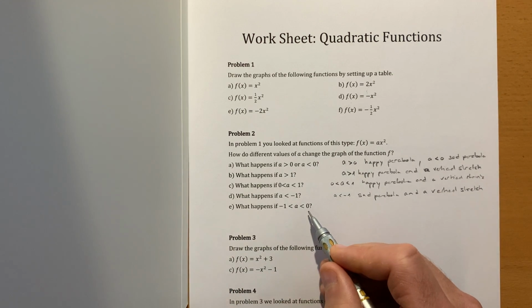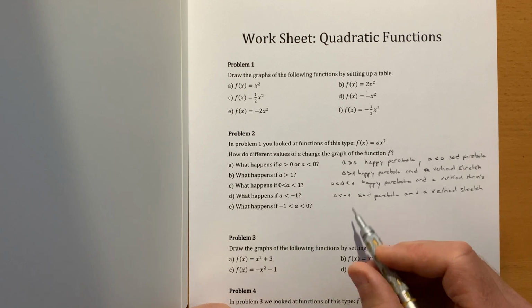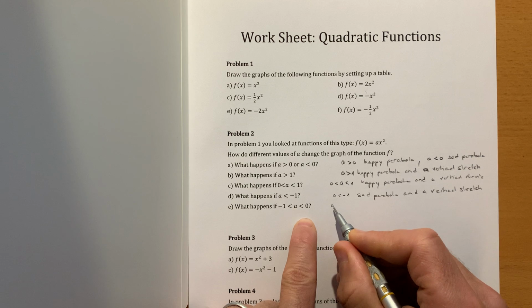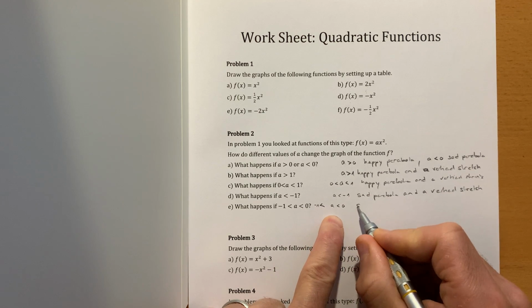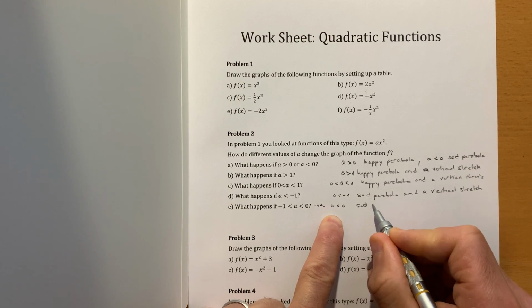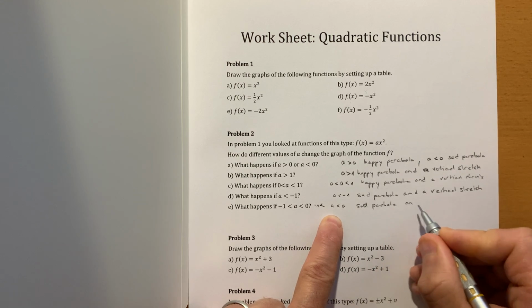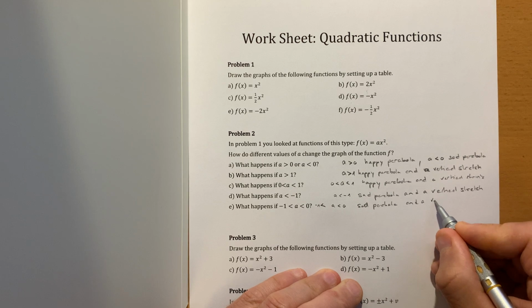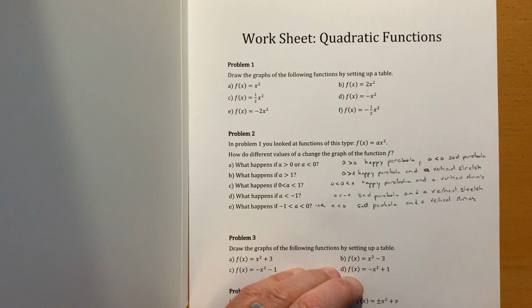And now the last one, what happens if it's between minus 1 and 0? Well, less than 0 means sad parabola. That's clear. And, well, you guessed it, a vertical shrink. Why is that?